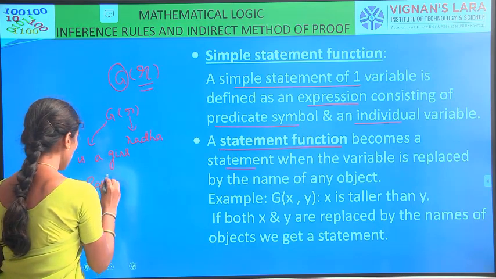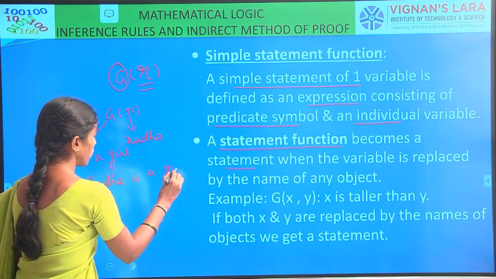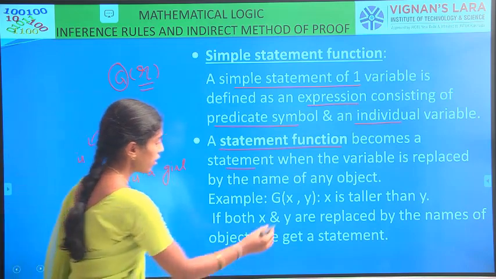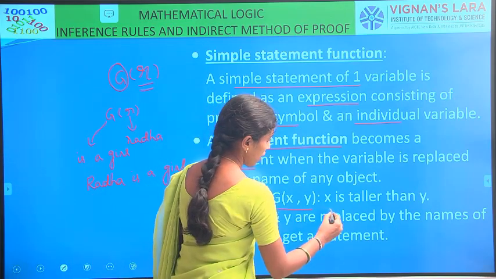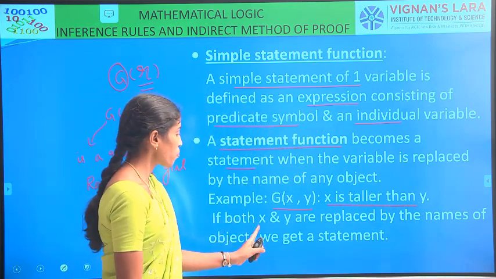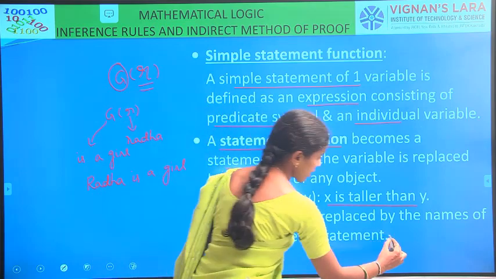Radha is a girl. So we call it a statement function. See here, T of x comma y, x is taller than y. When we replace both x and y by the names of objects, we get a statement.